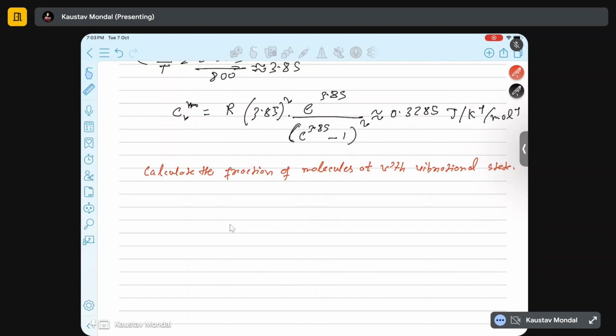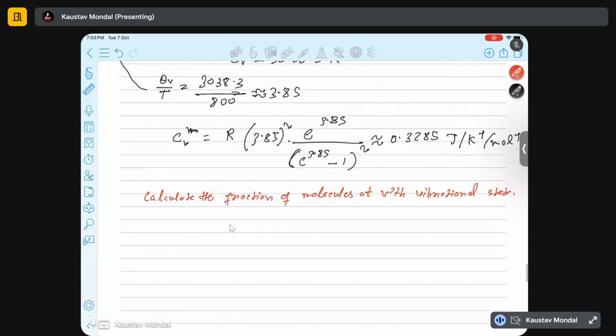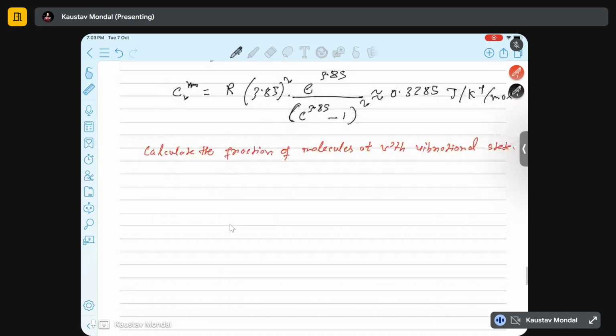Okay. So for that, in order to calculate the fraction, since this whole thing is happening at equilibrium, we just have to use the Boltzmann distribution, right, in order to get the fraction.